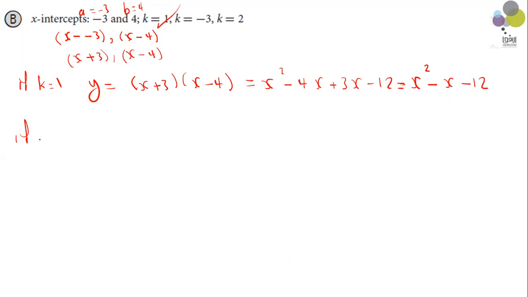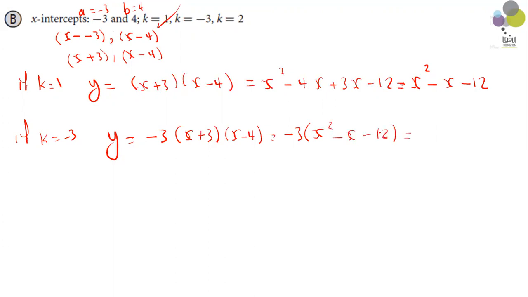Now, if k equals negative 3, y equals negative 3 multiply the product of two linear factors. We got the product of two linear factors before: x squared minus x minus 12. Use distributive property, so minus 3x squared plus 3x plus 36.